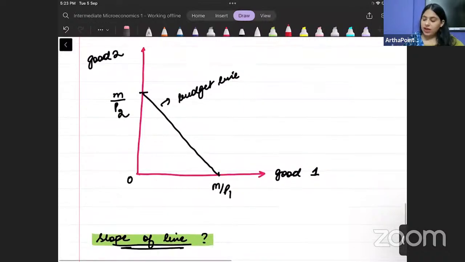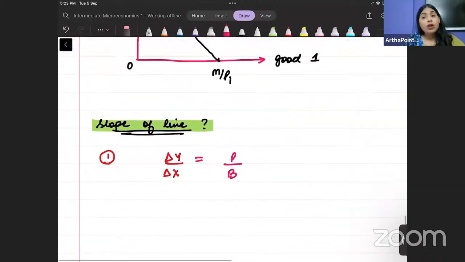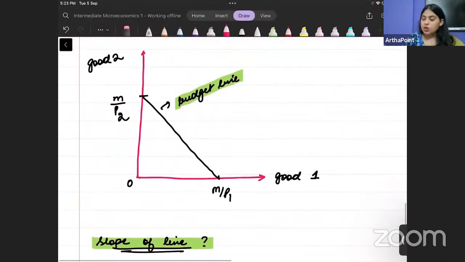Now just have a look here. Suppose I want to calculate the slope of this budget line. What can I do? It will be perpendicular by base. वही होता है. This is exactly what I've written here. What is your perpendicular? Your perpendicular is this. And what is your base?